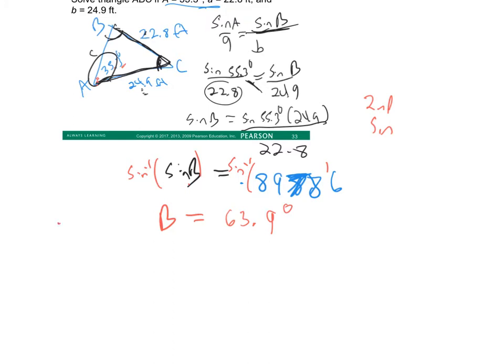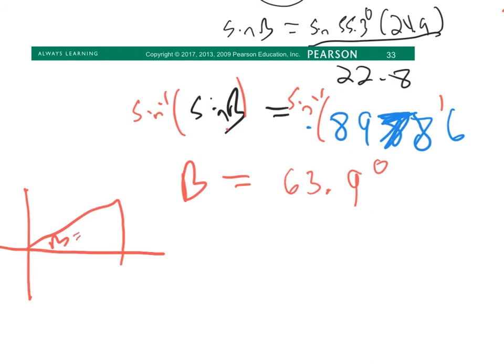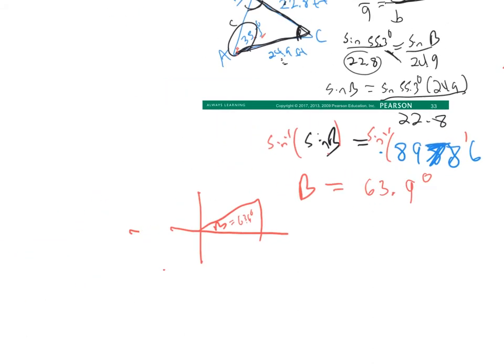But remember on my unit circle, if there's my angle B, and it is 63.9 degrees, and it's positive, well, where else is my angle positive? In quadrant 2.